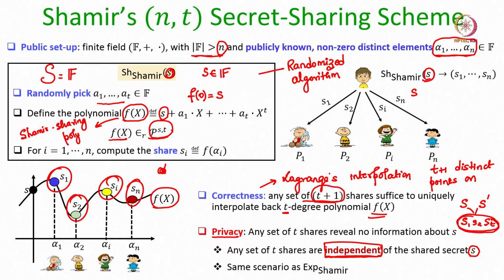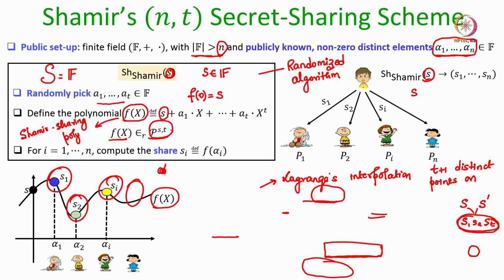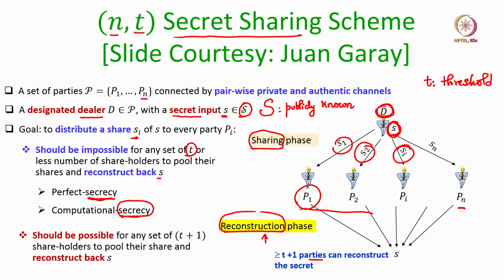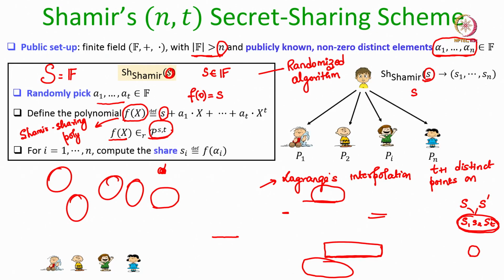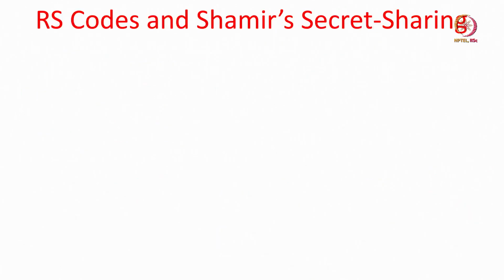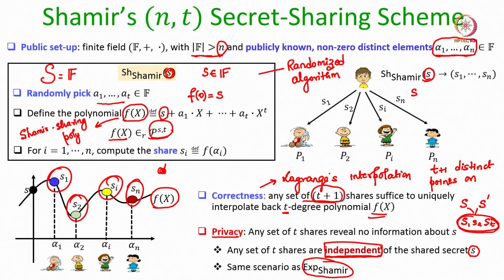But this property, namely any set of t shares being independent of the shared secret S, simply follows from the previous experiment which we had seen a few slides back, right. In that experiment that we had seen in the previous lecture, there was some input, and to generate the output for that input, a random sharing polynomial is picked, a t degree polynomial is picked, and the output is computed as the value of that polynomial at n distinct points.